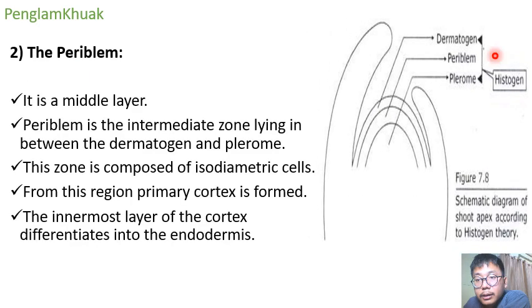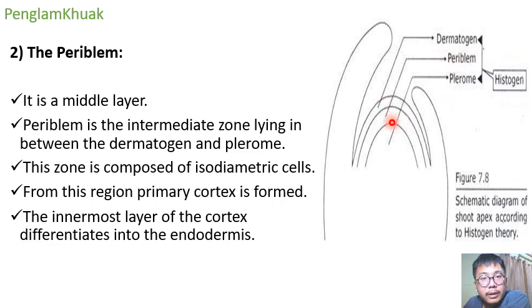The second layer is the periblem, next to the dermatogen, and it is a middle layer because the periblem is the intermediate zone lying between the dermatogen and the plerome. This zone is composed of isodiametric cells. The shape of the cells will be the same, with the same diameter, and from this periblem the primary cortex is formed.